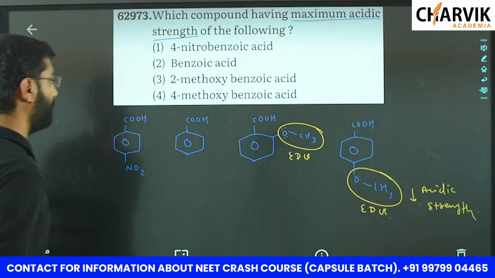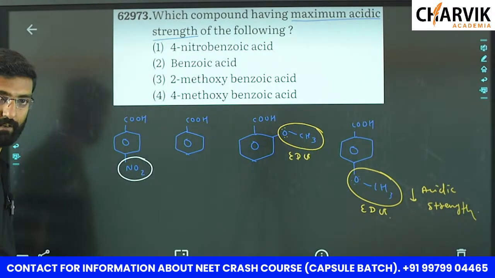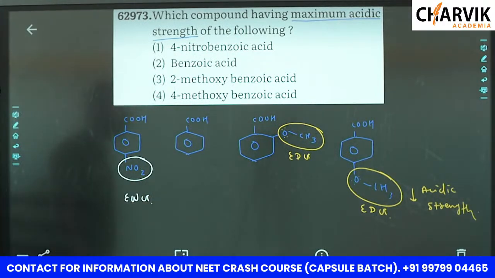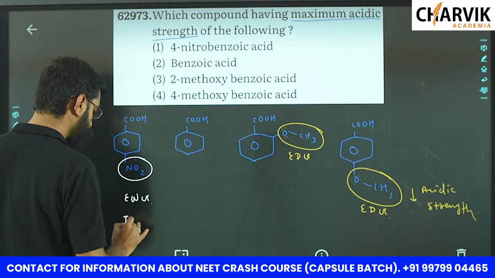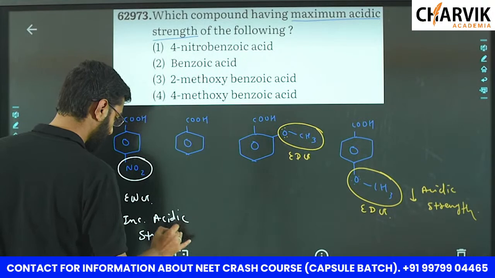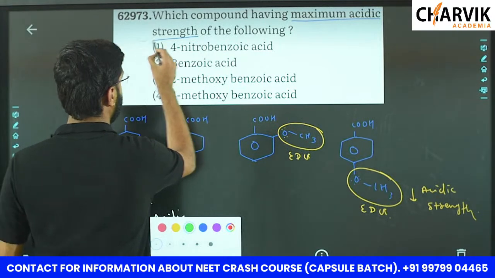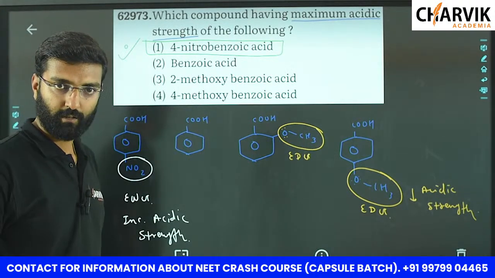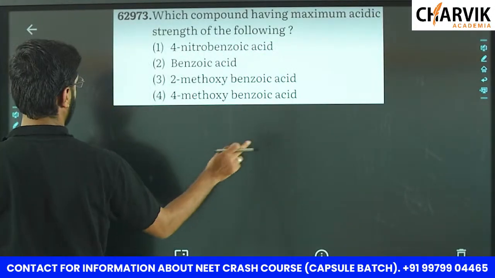Most important, NO2 is an electron withdrawing group, and electron withdrawing groups increase acidic strength. So your correct option is the first, 4-nitrobenzoic acid. Got it, dear friends? Okay. Move to the next question.